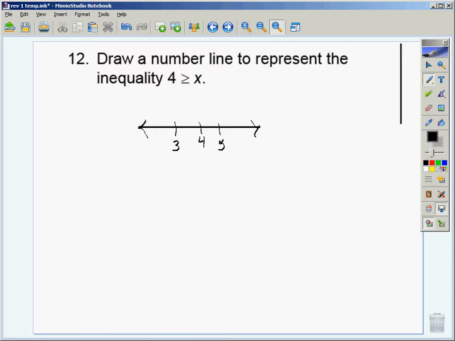Because it can be equal, it is telling me that it would be a filled-in circle on the 4. X is on the smaller side of the inequality, so x is getting less than, which means I am going to be going to the left. Questions on 12?